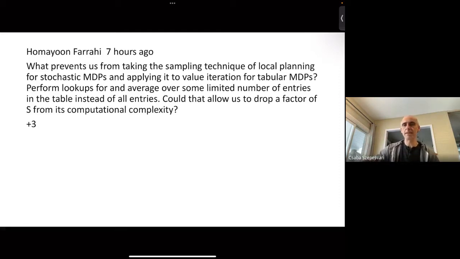There is no simulator. We had a lower bound then that said that S squared A is the minimum number of computations that you have to do to write down a policy which is near optimal, completely write down the procedure. And that was based on the needle in a haystack argument.